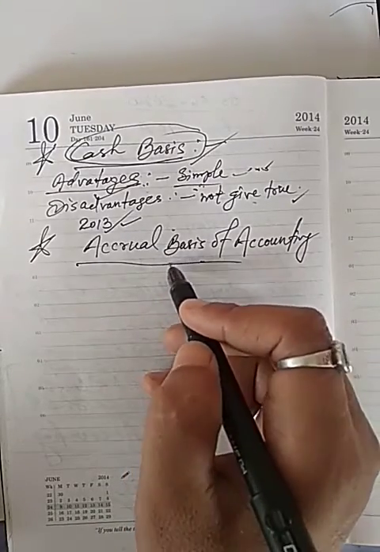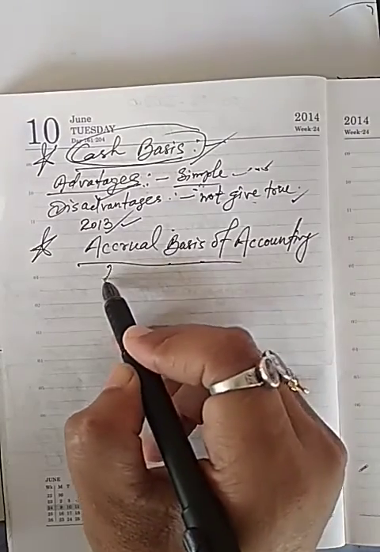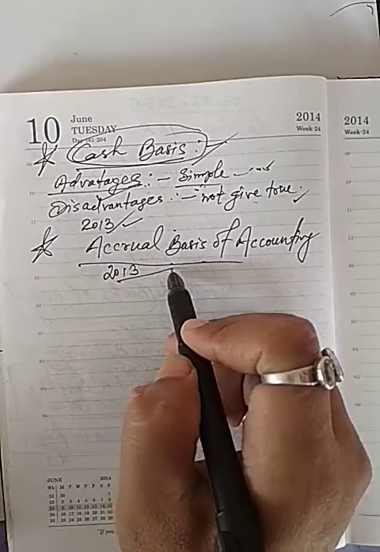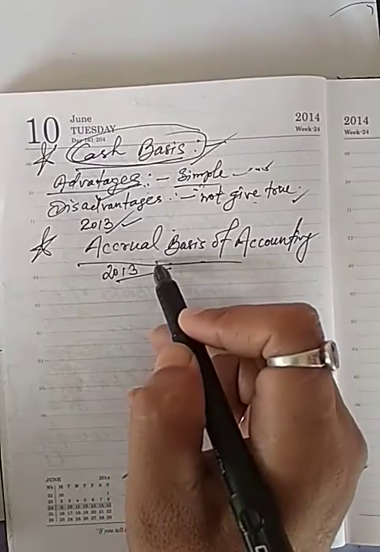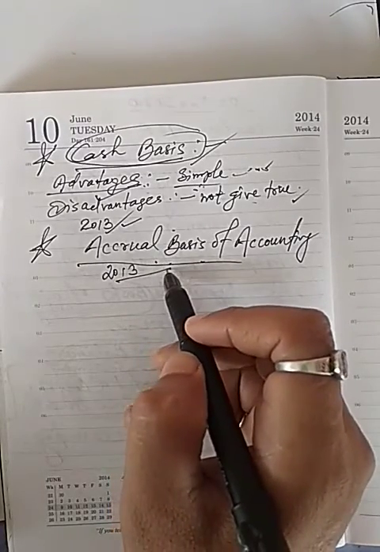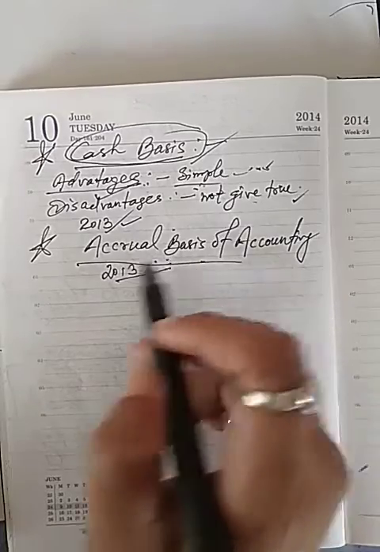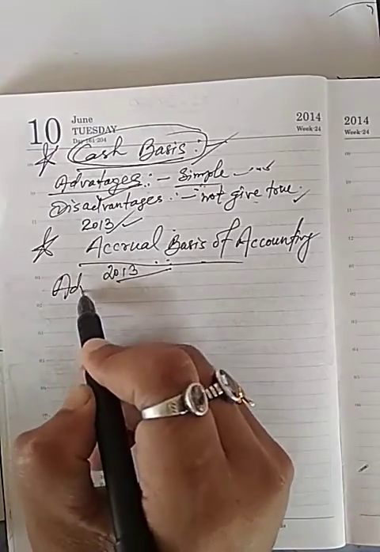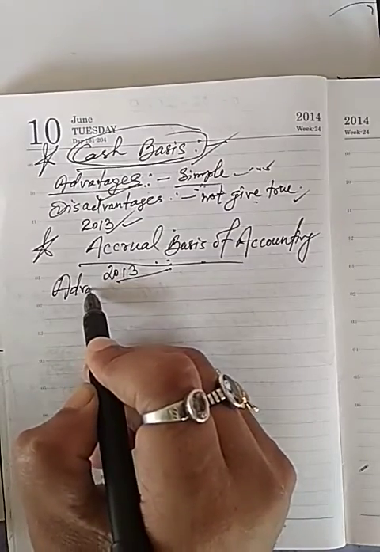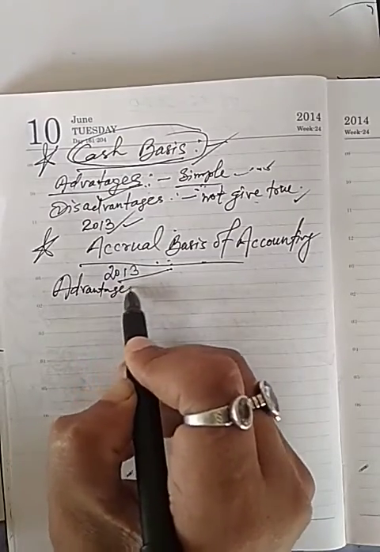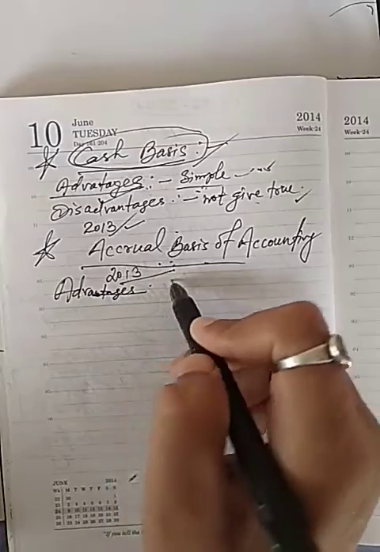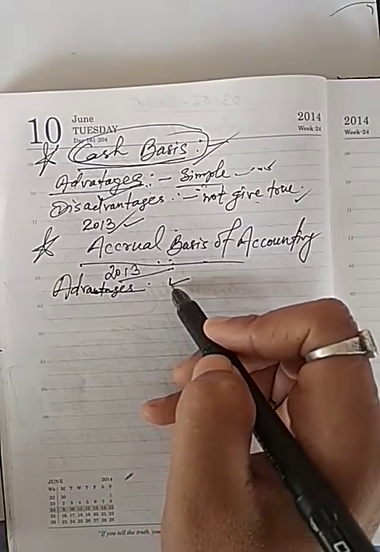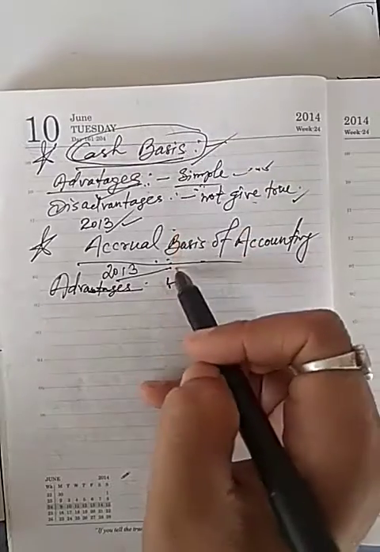Under the Companies Act 2013, all companies are required to maintain their accounts according to the accrual basis of accounting. Now some advantages. It discloses true profit, just the opposite of the cash basis of accounting.